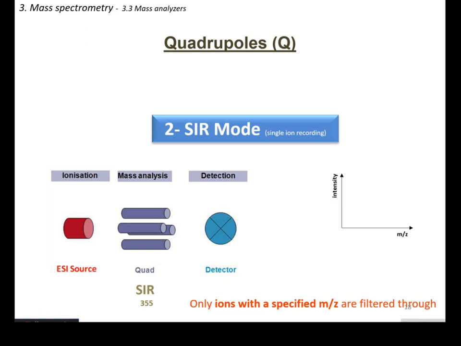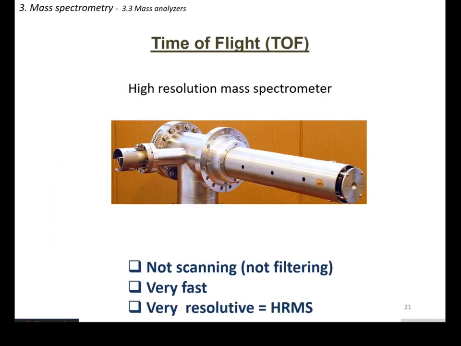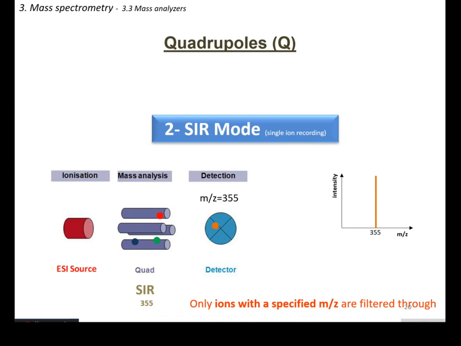So you will have a nominal mass of 355. So this time, only the ion with this specified mass to charge ratio will be filtered through and reach the detector. So the packs of ions come from the source in a few milliseconds, but every time it is only 355 that can go through. And in the end, you get one mass spectrum, but this is the mass spectrum of 355.